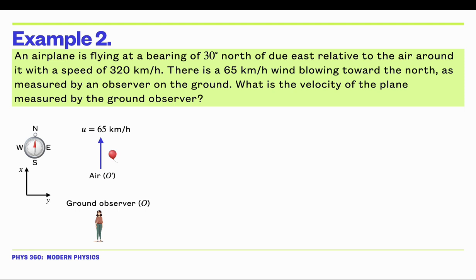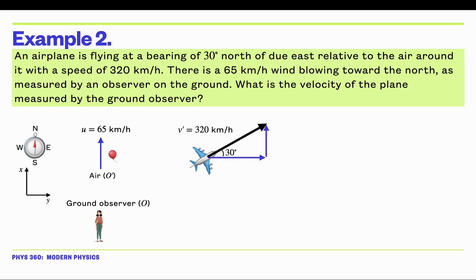Since the wind is going northward, our O prime frame is moving northward relative to the observer on the ground. So we have to pick our x-axis to be parallel to that motion of the air northward. So x is going to be north. Y we can pick to be either west or east, but let's pick it to be pointing east. So those are our coordinate frames.